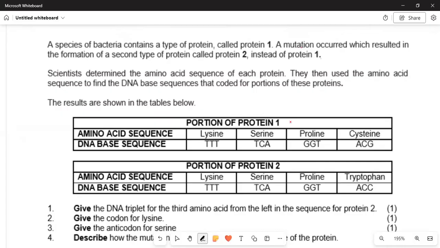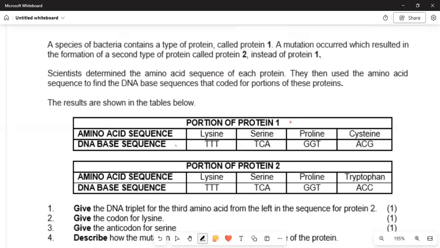They then used the amino acid sequence to find the DNA base sequence that coded for the portions of this protein. The results are shown in the tables below. So we have the portion of protein 1 and the portion of protein 2. Under this, we have the amino acid sequence and the DNA base sequence.